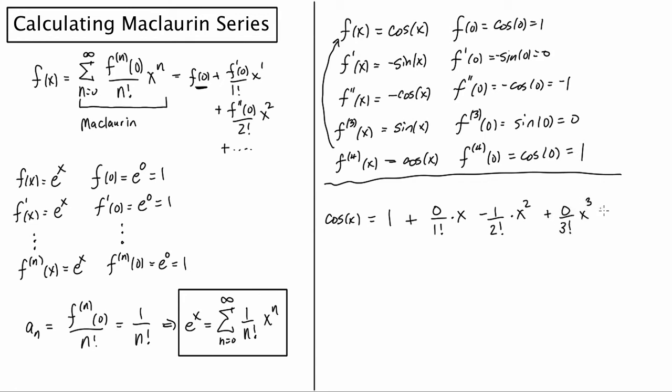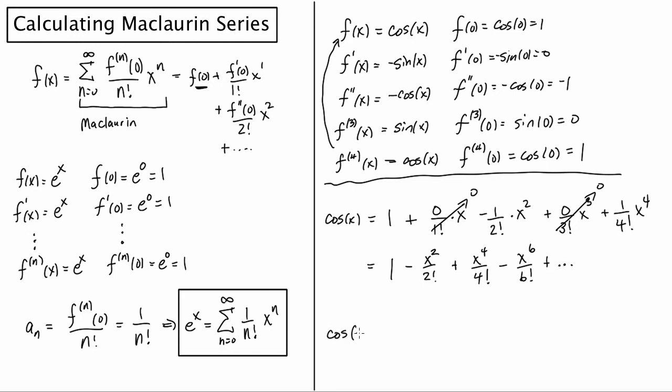The next term would be 1 over 4 factorial x to the fourth, and so on. So you can see that only the even terms survive. This looks like 1 minus x squared over 2 factorial plus x to the fourth over 4 factorial. The next term would be minus x to the sixth over 6 factorial, and so on.